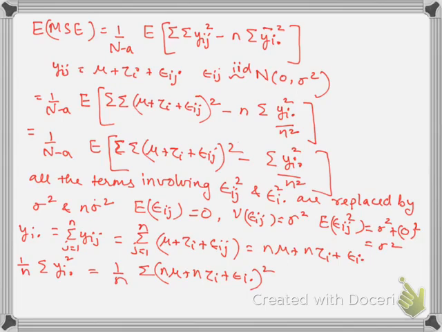Now if you put all these things back there and do a little bit of algebra, open this perfect square and run the expected value, what you're going to get is sigma squared.